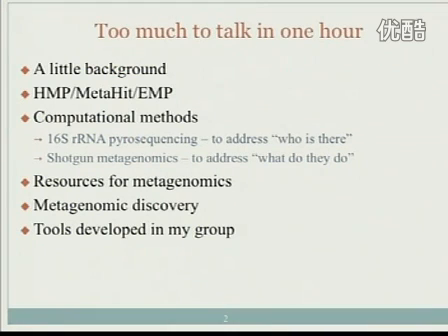Previously, because next generation sequencing was not so cheap yet, you might just focus on 16S, because then you can go very deep. But now the throughput is so high that you can afford to get reads for all the different genes in a sample.